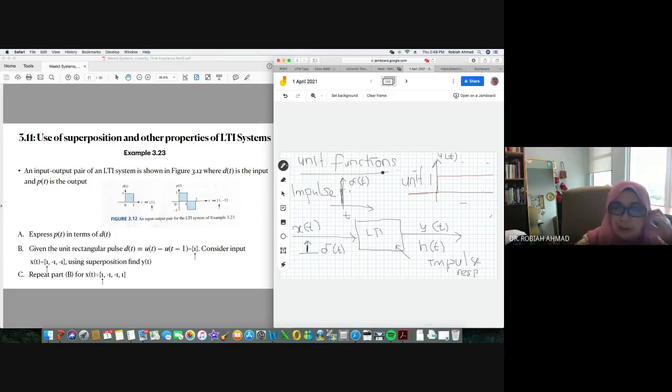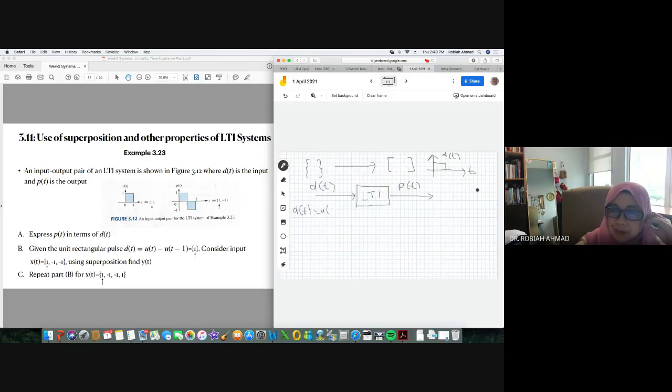Okay, so kalau we go back to the example tadi, sini, kalau in terms of kita dah belajar time shift, time reversal. So what is this equation in terms of unit function class?